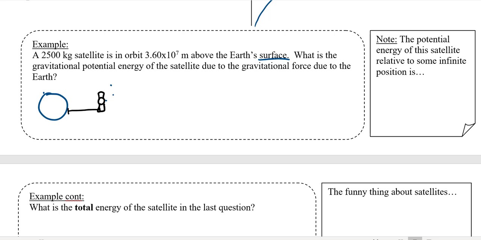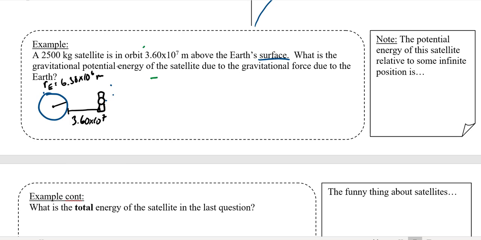Now I'm given this distance here, 3.60 times 10 to the 7. You will remember from your data sheet that the radius of the Earth is 6.38 times 10 to the 6 meters. And so we would have to add those in to find our total separation distance.